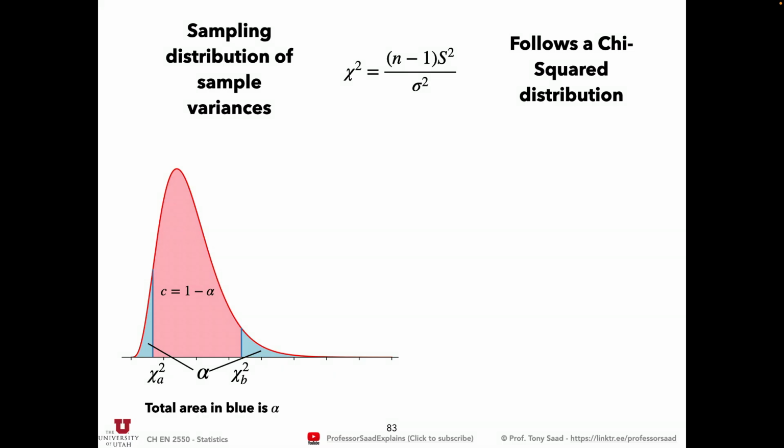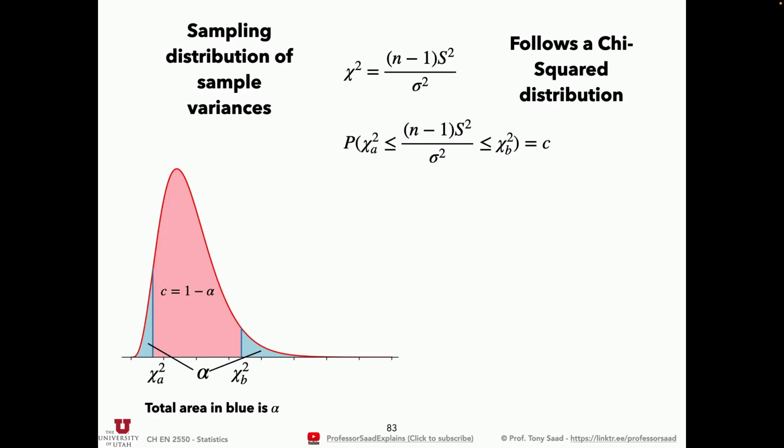Now, given this, we know that this translates into the following mathematical statement: the probability that chi-squared is between chi-squared a and chi-squared b is equal to C. That's what this translates to.